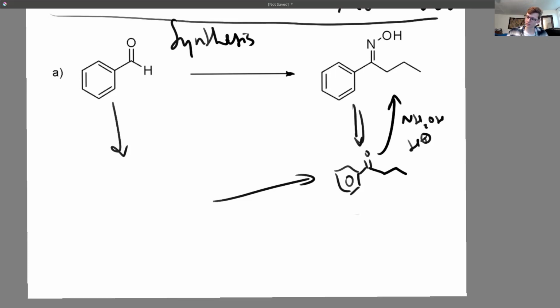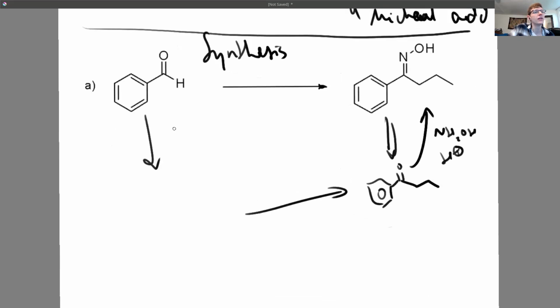So could you just add like an organolithium or something and attach some extra carbons? Yup. 1, 2, do an aqueous workup because we like that.